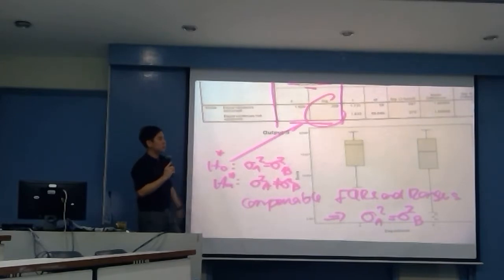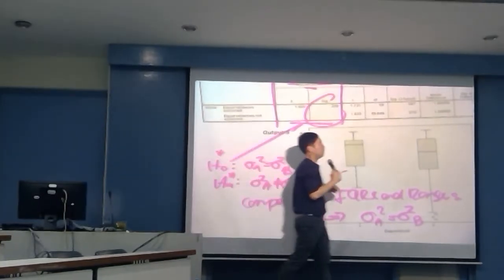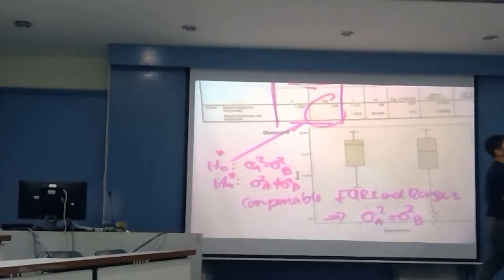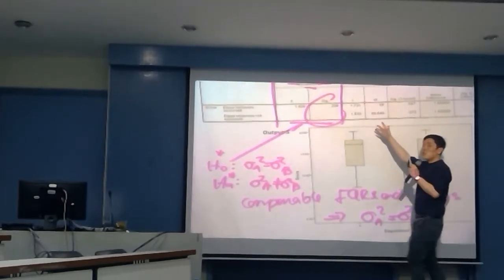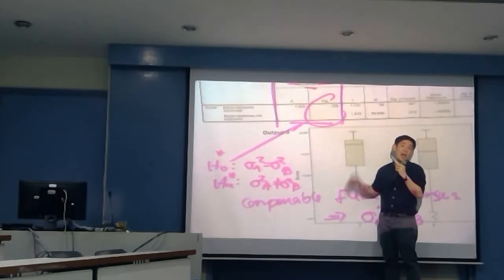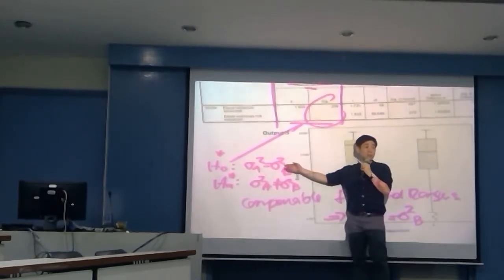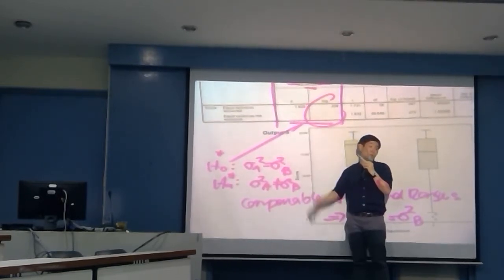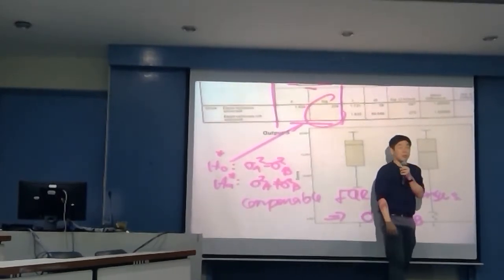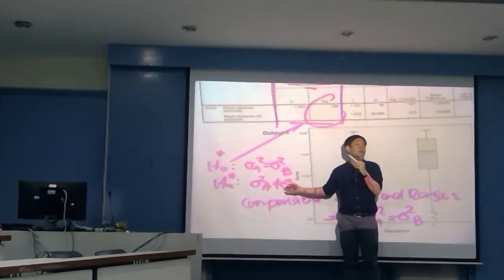Alright? To make it easy, because this one is not the main thing, we just choose whether we should assume equal variance or not. So if p-value is large, let's say larger than 5%, equal variance. If it's smaller or equal to 5%, variances are not the same.